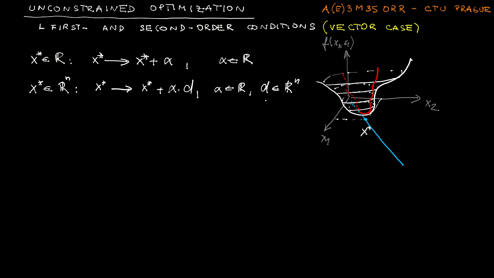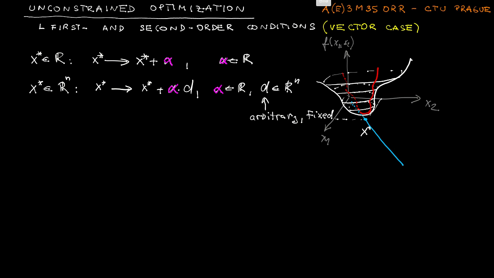What's important to emphasize is that d is arbitrary but fixed. So once you choose it, you fix it. So the independent variable here becomes alpha. So similarly as in the scalar case, alpha is the independent variable here.